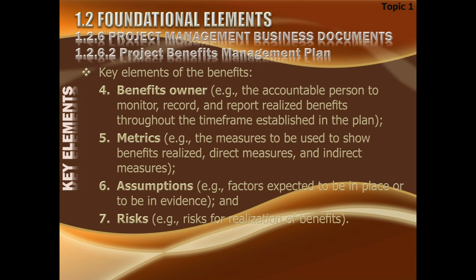And there must be a mechanism to measure. How are you going to measure how much benefit has been achieved, or how much value has been increased? The measure to be used to show benefit realized, direct measure and indirect. Assumptions are factors expected to be in place or in evidence, which I assume will be favorable and will be present. These are my assumptions.